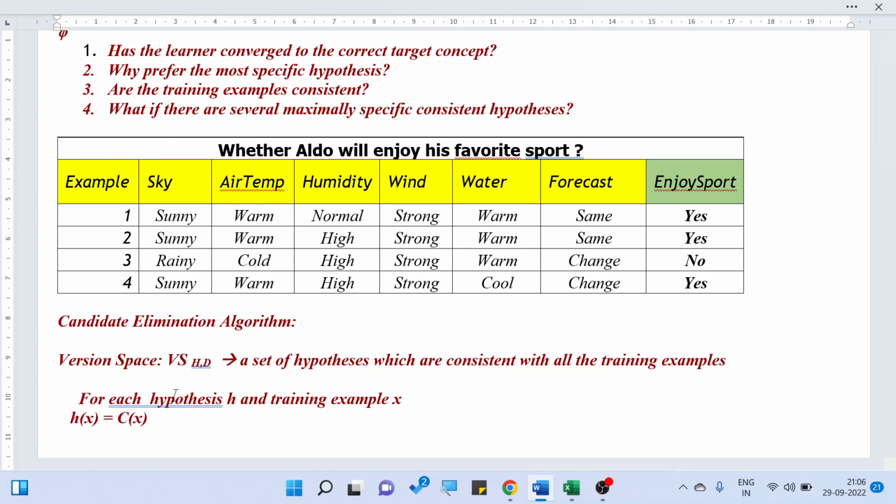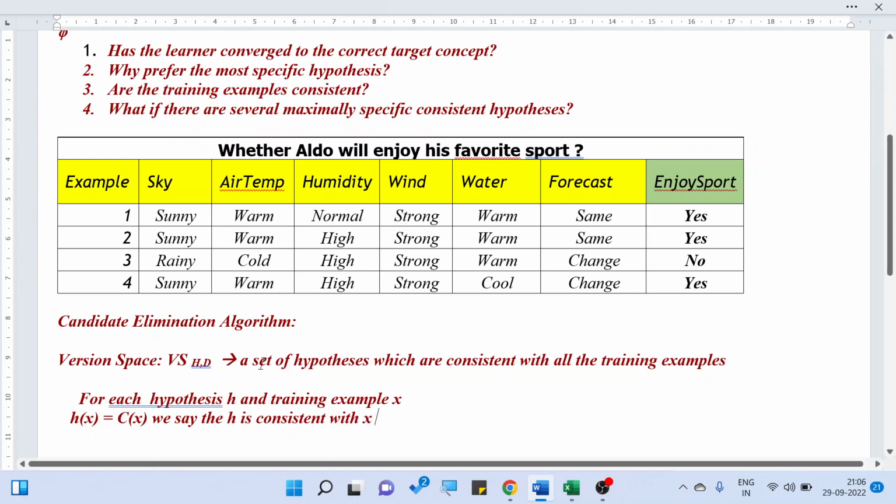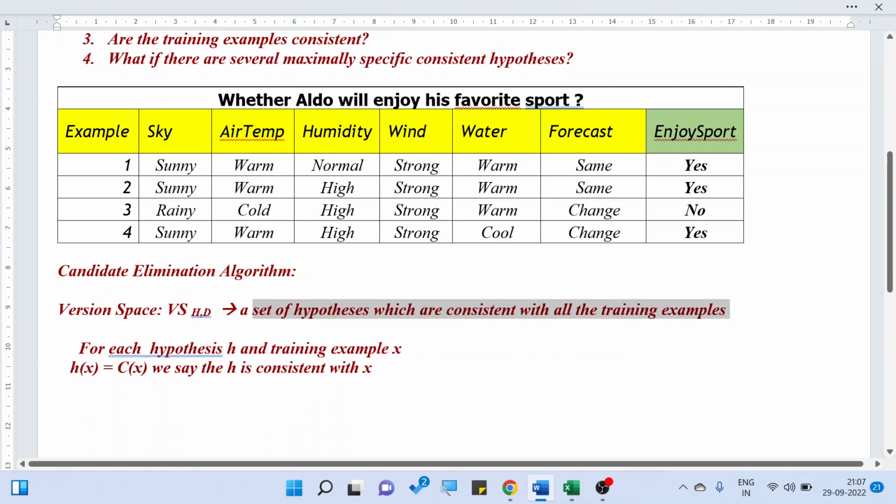In that case, we say that h is consistent with x. That means not only with x, what is version space? A set of hypotheses which are consistent with all the examples, x, y, z, so on, all the examples.